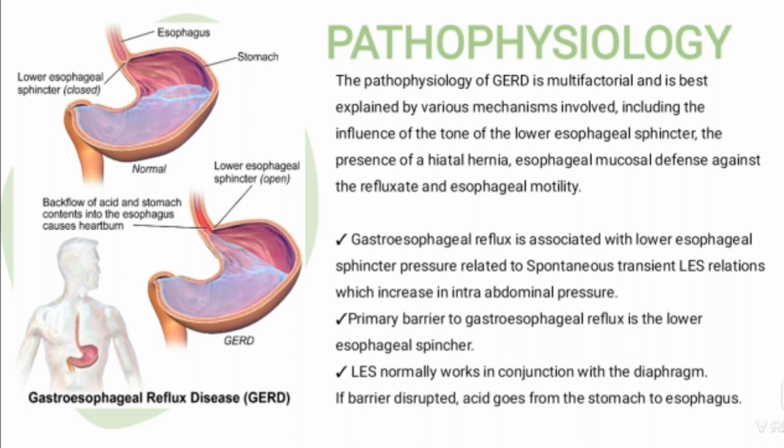Hiatal hernia results from multiple mechanisms. It is associated with decreased LES pressure, decreased acid clearance, increased reflux, and more severe esophagitis. Mucosal defense mechanisms may be overcome by prolonged exposure of the esophageal mucosa to pH below 4, which may lead to severe and complicated esophagitis.